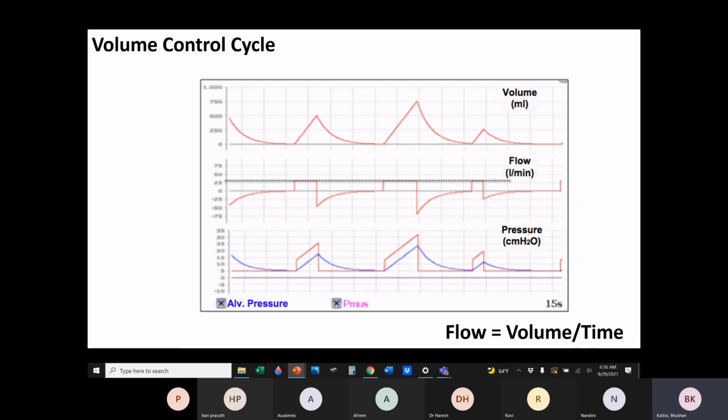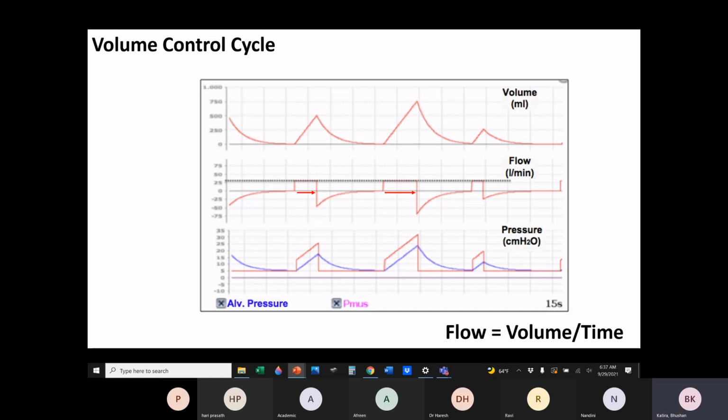Now, in that example we changed the flow, that is, we kept decreasing the flow. In this example, we do not change the flow, but we increase the tidal volume. So if you increase the tidal volume or decrease the tidal volume, in this first example you increase the tidal volume and keep the flow the same. Then to deliver the higher amount of tidal volume with the same flow, more time will be required.